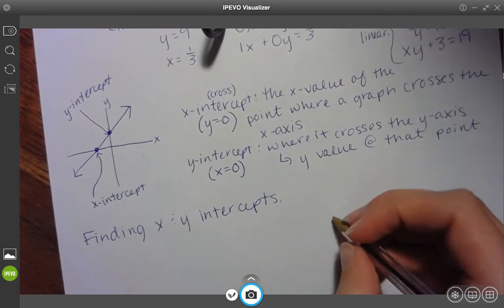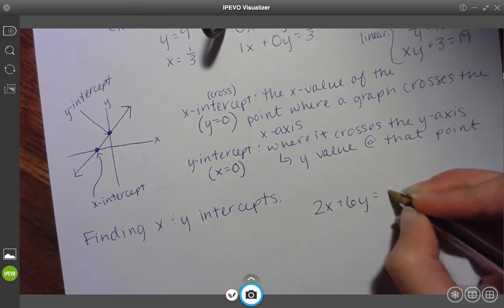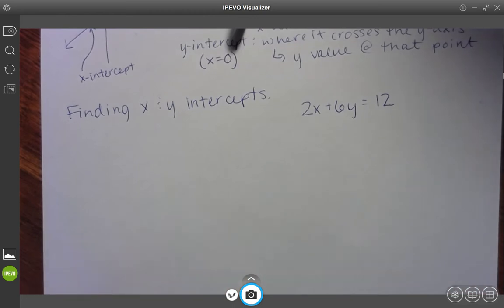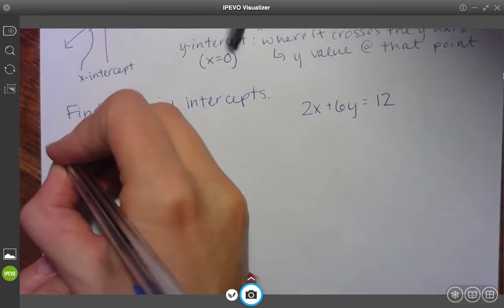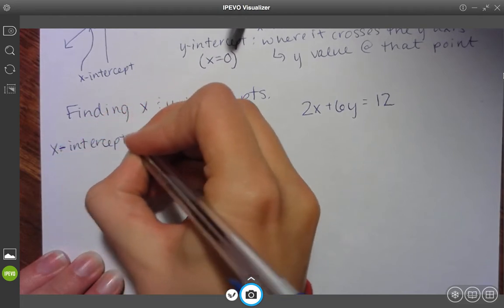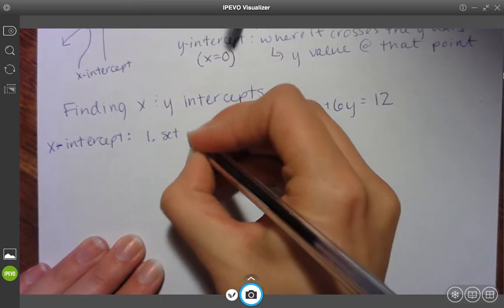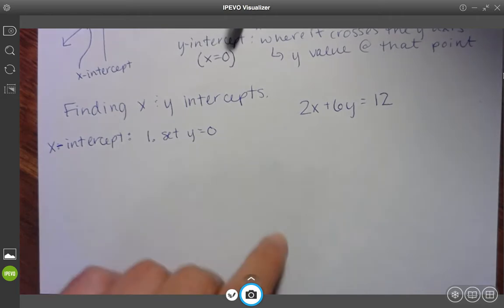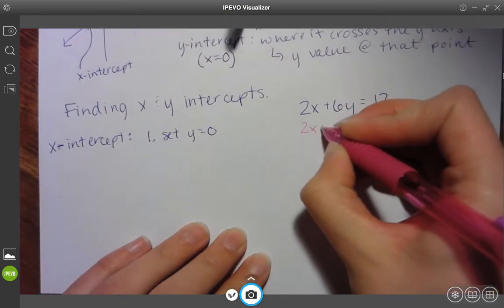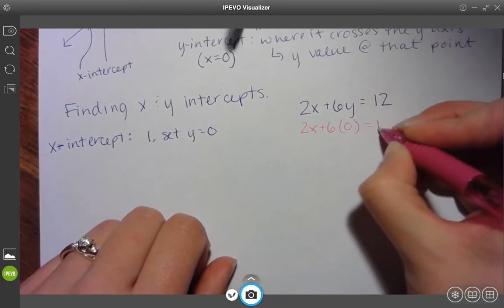So let's find the x and y intercept of 2x plus 6y equals 12. To find the x-intercept, what you're going to do first is set y equal to 0. So I'm going to come over here and do 2x plus 6 times 0, saying y is 0, equals 12.